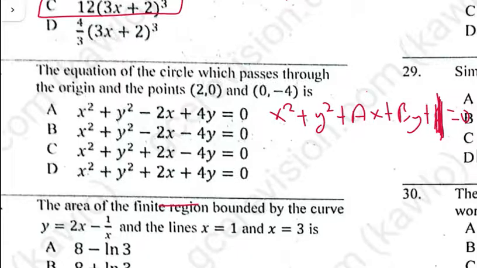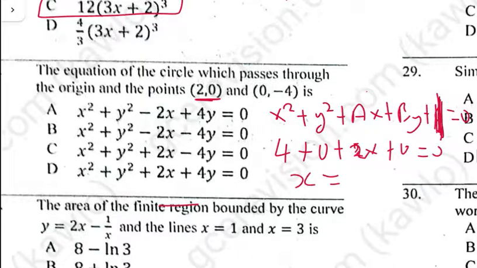Now when you pass it through the point (2, 0), you have 4 plus 0 plus 2a plus 0 equals 0, so a will be equal to -2.